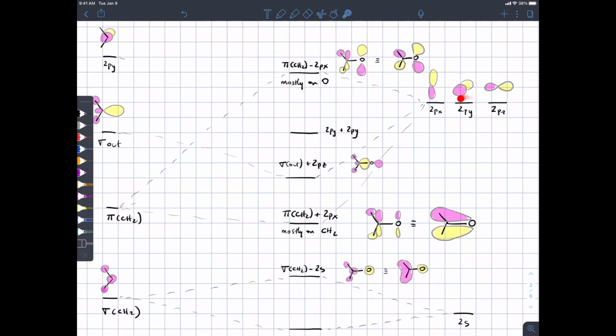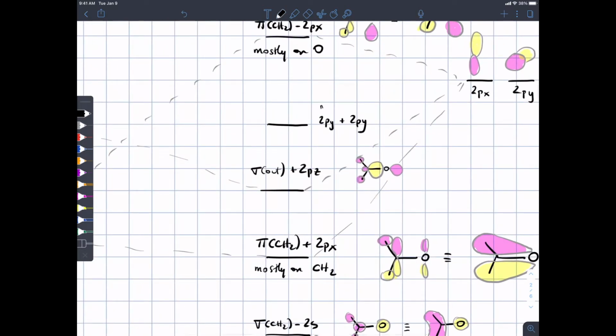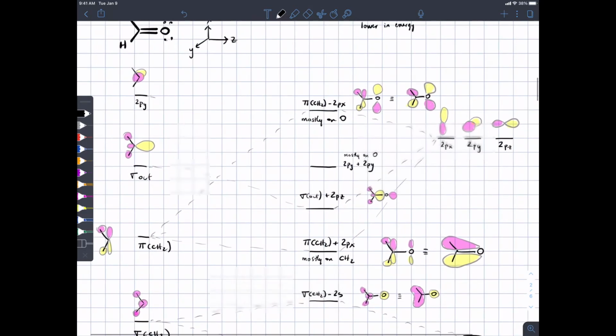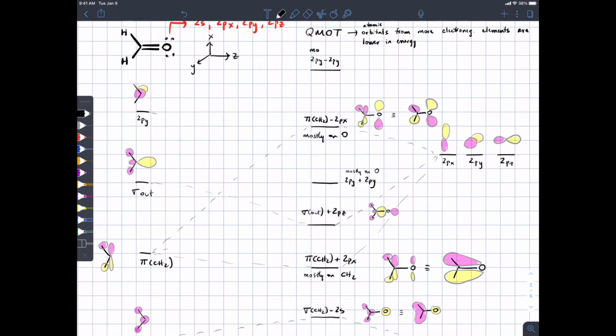Because the oxygen 2py is lower in energy than the carbon CH2 2py, I expect this to be mostly on oxygen. And then higher in energy than the carbon 2py orbital, I'm going to have the 2py minus 2py combination, and I expect this to be mostly on carbon.